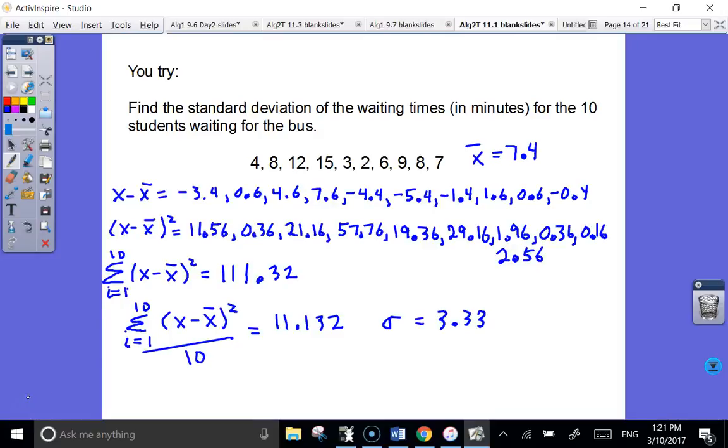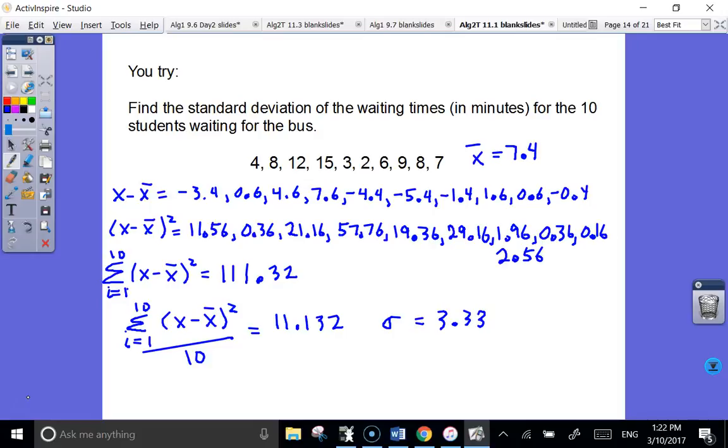So what did you get when you added them all up, the sum of the squares? Say again? 138. Man, I'm way off. Okay, let's make sure we got these right. 11.56, 0.36, 21.16, 57.76, 19.36, 29.16, 1.96.